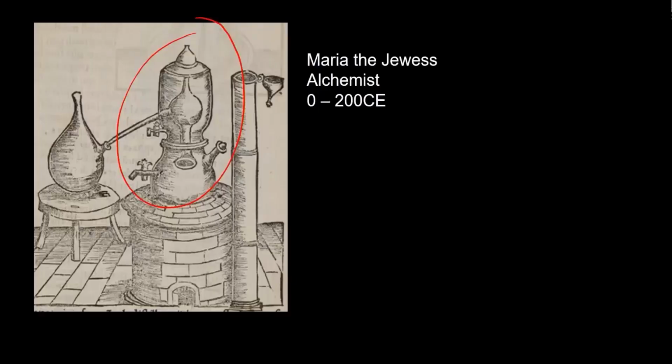So we don't really know her whole story. But she lived around about from 0 to 200. Obviously she wasn't 200 years old, but around that era, we don't know exactly when she was alive, the alchemists started to come to the fore, and this is when she was alive, between 0 and 200 CE, which is Common Era.